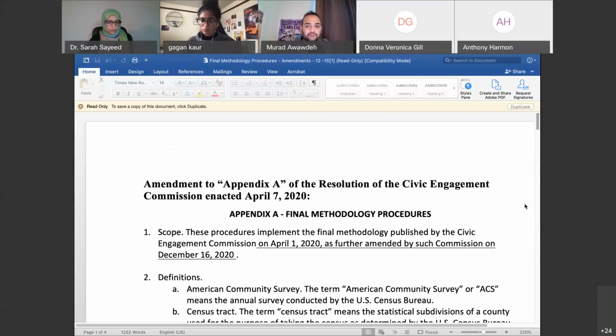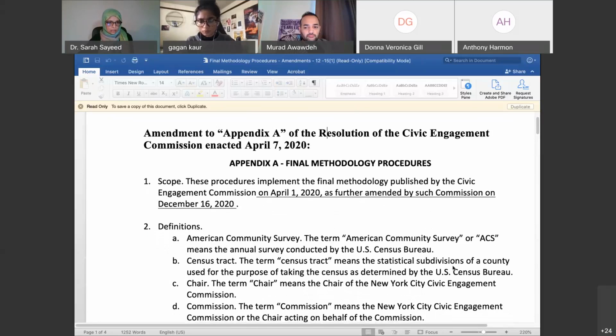As you know, the underlined sentences are what is being amended, and the brackets show you what is being deleted. So one is just saying that this is an amendment, provided that it's approved today. And then the second is just definitions, and this is consistent with what we have.